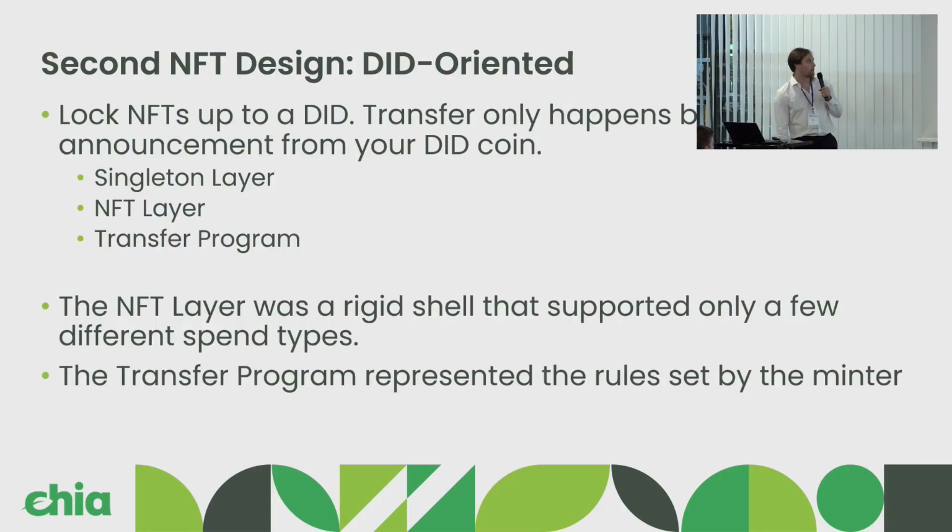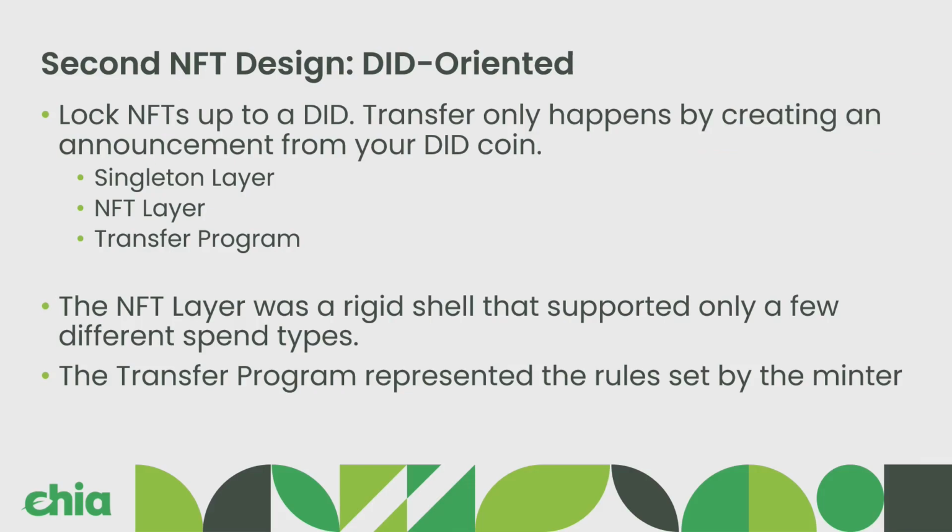The second design we came up with was much more strongly tied to distributed identities. This was a very tempting idea that we were enamored with for a while, because there's a strong advantage to tying to DIDs. You no longer put keys in the NFT, and there's this implicit connection: where the DID goes, the NFTs follow without even moving.